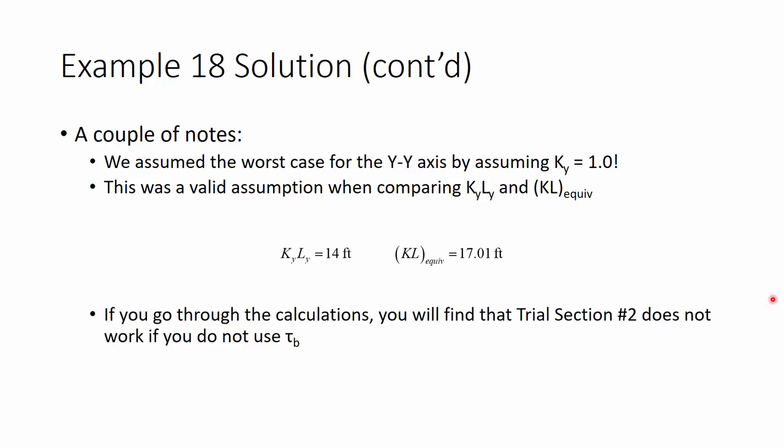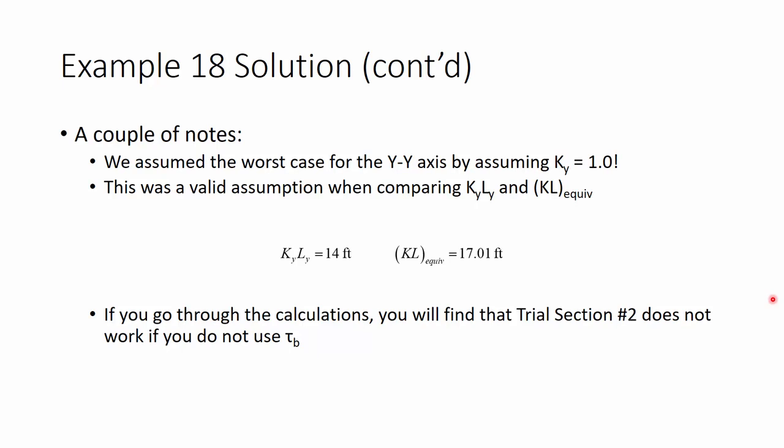Finally, one other point I'll mention. We used tau in this example, and we just blanketly used tau for every trial section. A longer way of doing this example, which would make the video a lot longer, would be to take each section and see what happens when you don't use tau and what happens when you use tau.